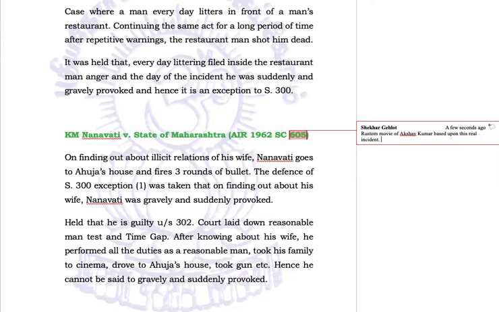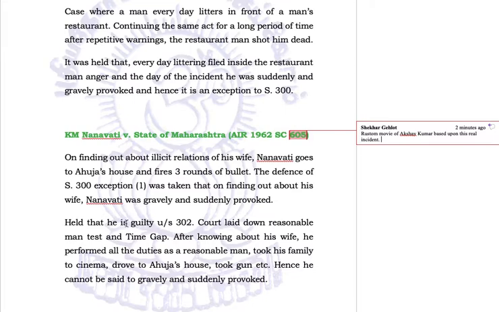The court held that yes, the provocation was grave, but it was not sudden. And because it was not sudden, the act becomes a planned murder. Okay, the act loses its character of a culpable homicide, and takes the character of a murder. Now, why did the court come to the conclusion that the act was not a sudden act, but a thoughtful and planned act? Let us see.